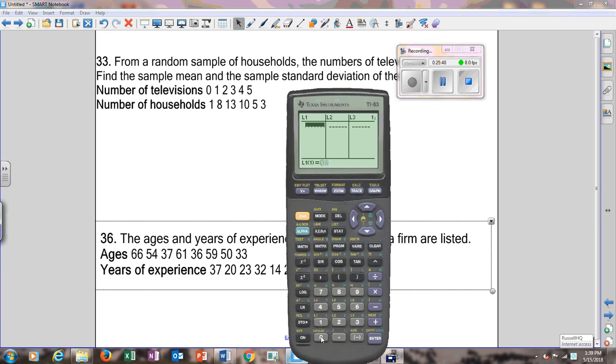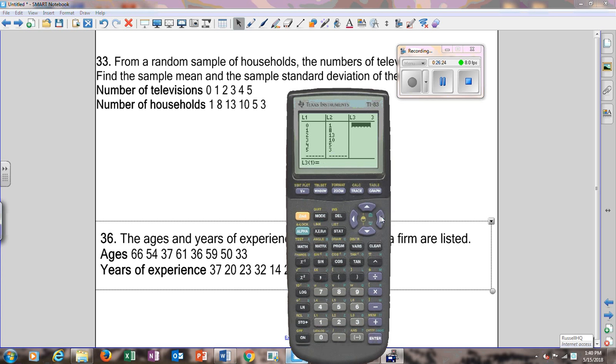So you do your number of televisions, 0, 1, 2, 3, 4, and 5. Go over to L2, 1, 8, 13, 10, 5, 3.